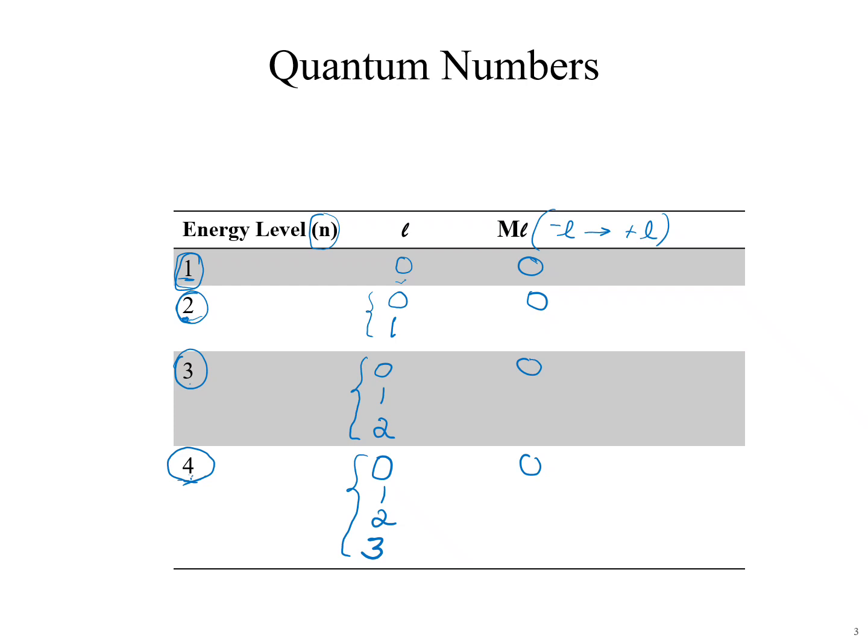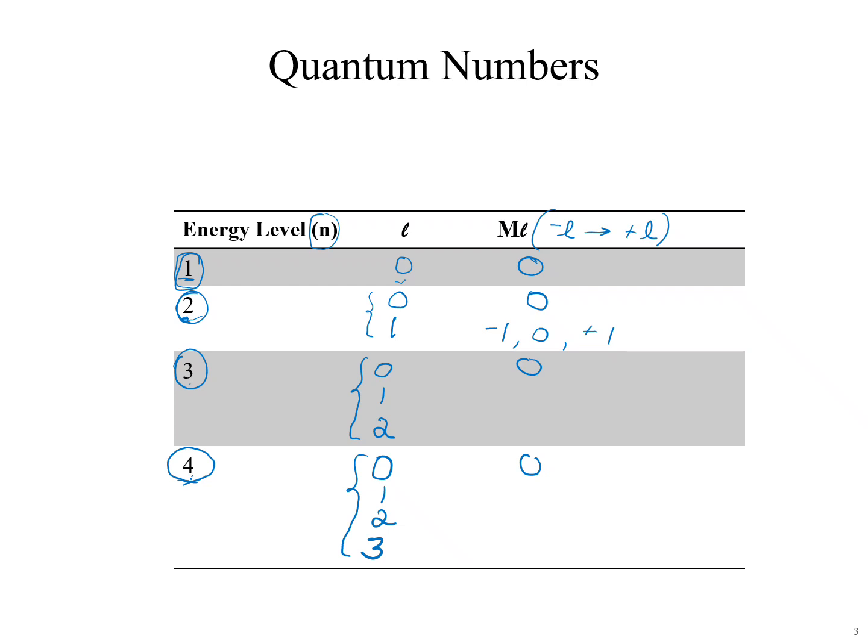Now, on that second energy level, we have a numerical value of L that is equal to 0, but we also have a numerical value of L that is equal to 1. When the numerical value of L is equal to 1, the values of m sub L start at minus 1 and go all the way to plus 1. So my possible values of m sub L here are minus 1, passing through 0, and to plus 1.